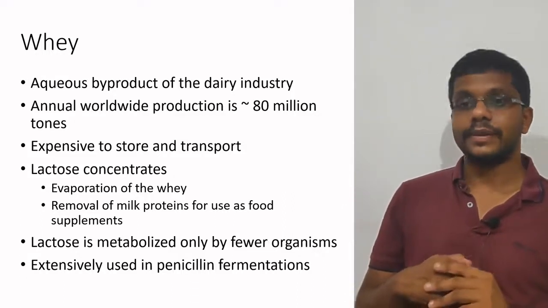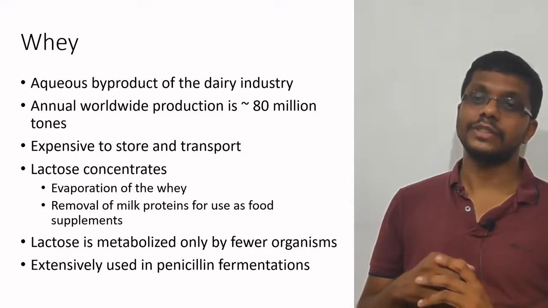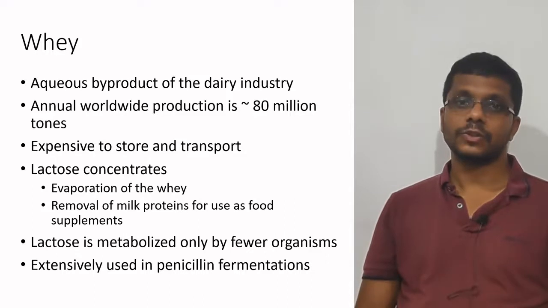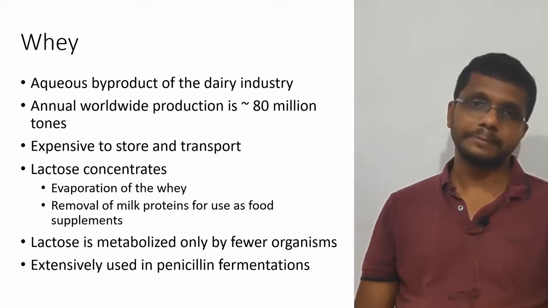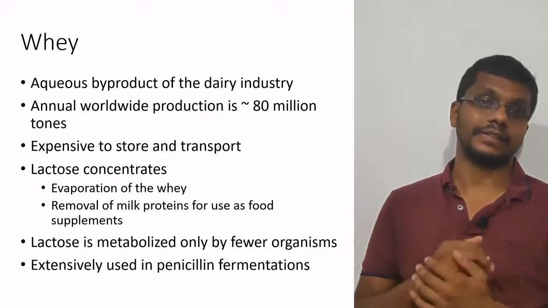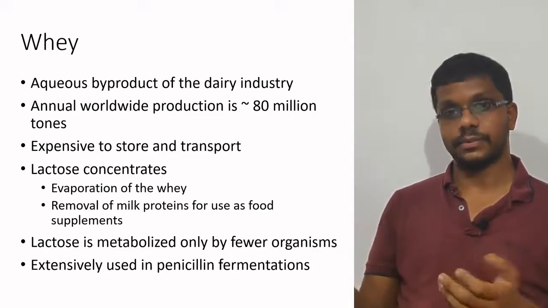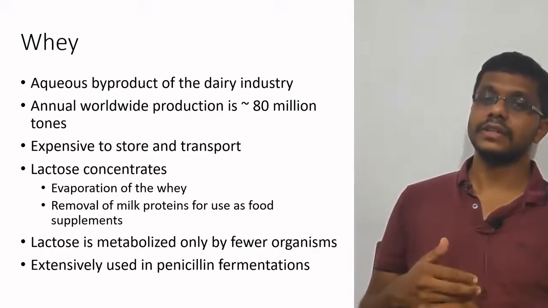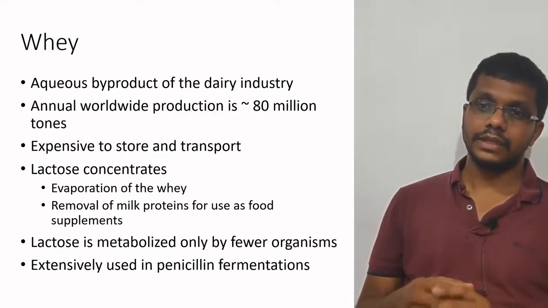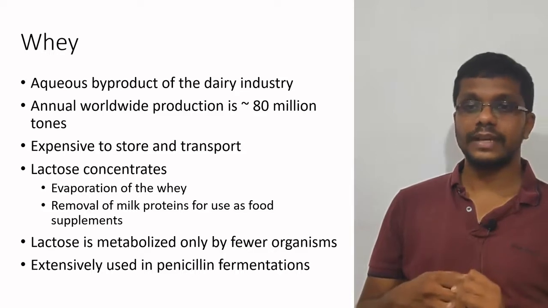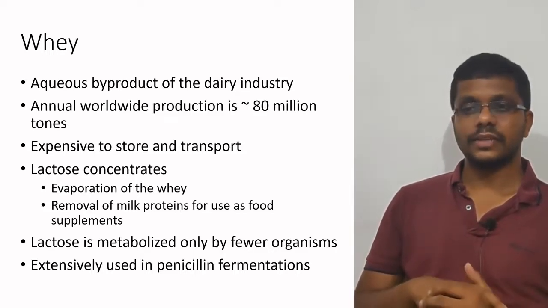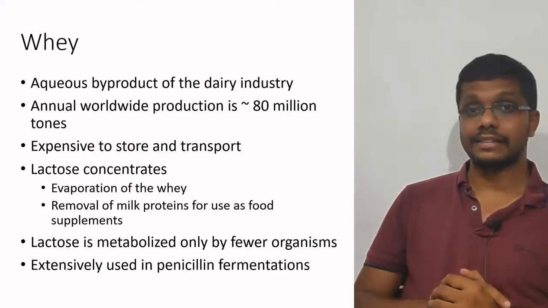Sometimes people remove the milk protein from the whey. Some of the milk protein ends up in the whey, and this milk protein can be used in different formulations and types of foods, maybe as a protein powder. The composition of whey mainly contains milk sugar, which is lactose. The thing is that lactose cannot be utilized by many bacteria.